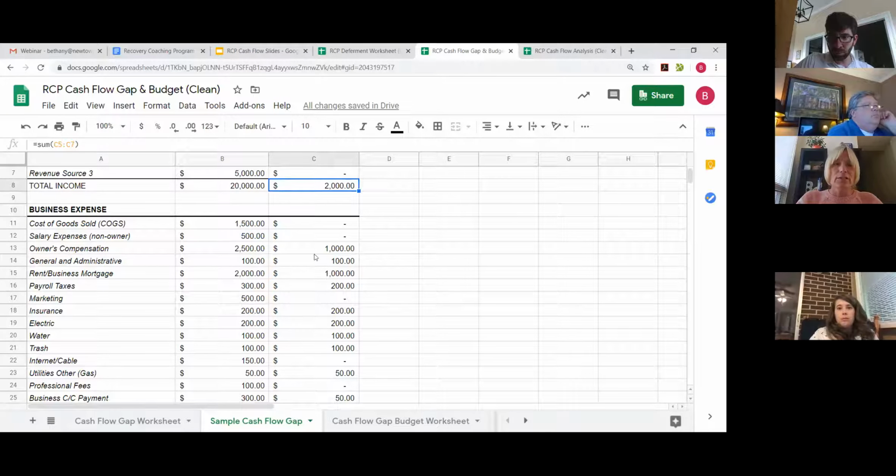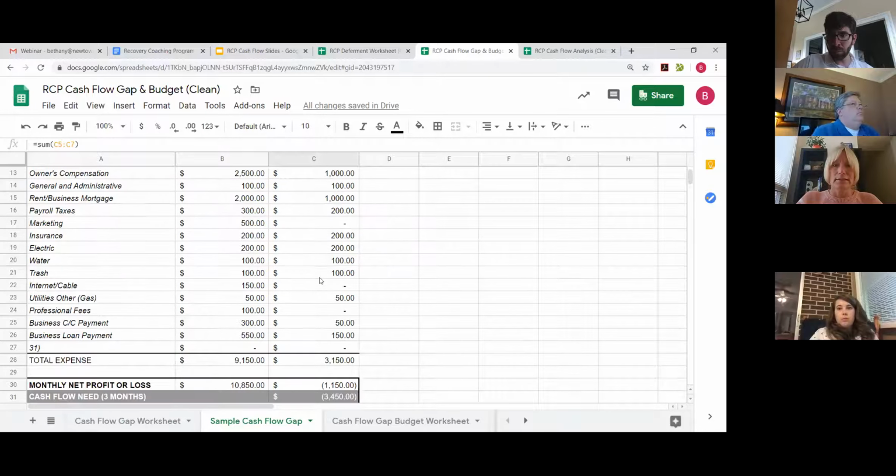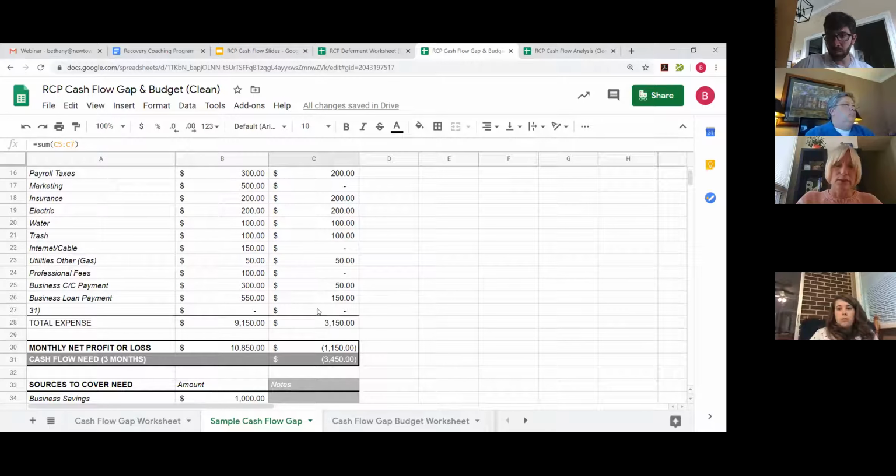But they've also managed to reduce a whole lot of costs in light of operating at such a smaller rate. So in this case, this business went from profiting just around $11,000 a month to losing just over $1,000 roughly. And so the cash flow need for this business in the upcoming quarter, the next 3 months, is going to be around $3,500.